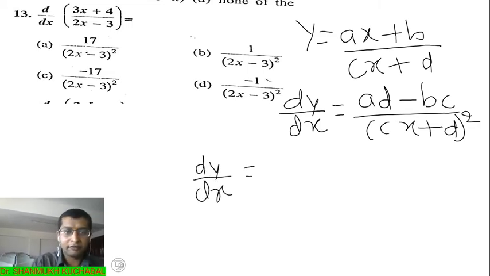Dear friends, look here: the value of A is 3, B equal to 4, C equal to 2, D equal to minus 3.